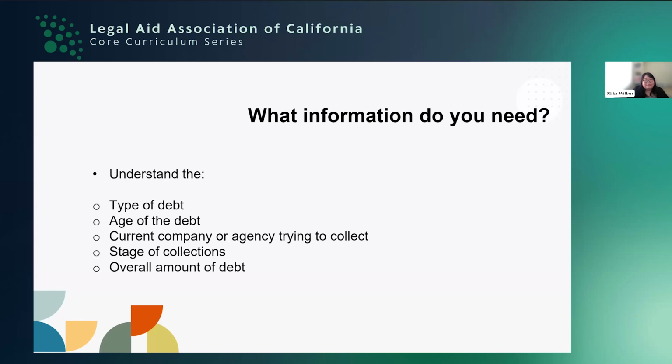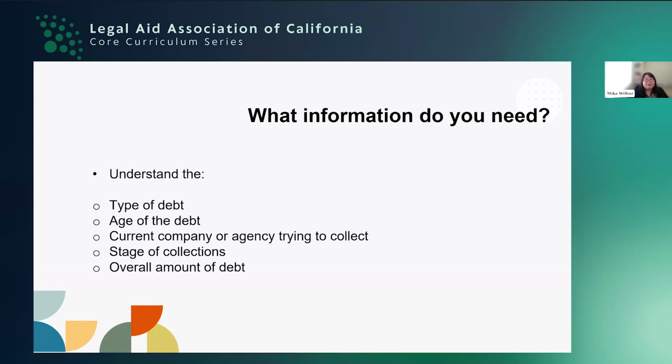Third-party debt collectors, some examples are Midland Funding and Portfolio Recovery Associates. There's a bunch of really small, random third-party debt collectors. If you're not sure about any of these, you can usually look at a credit report to see where it's at.